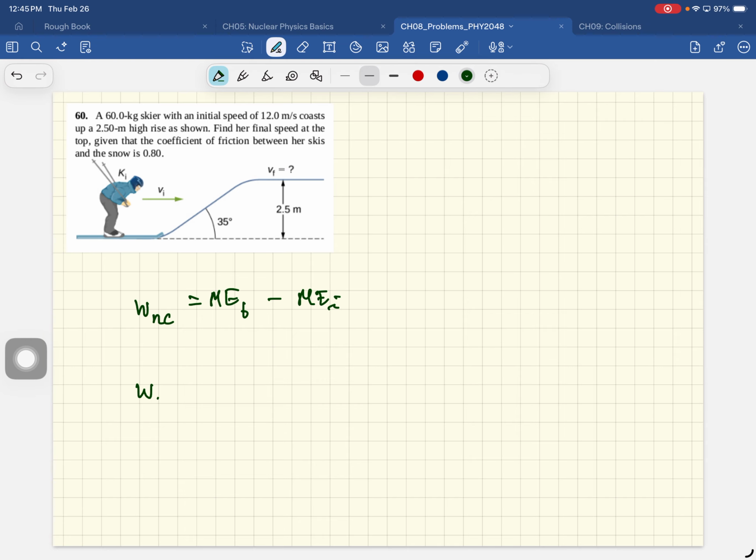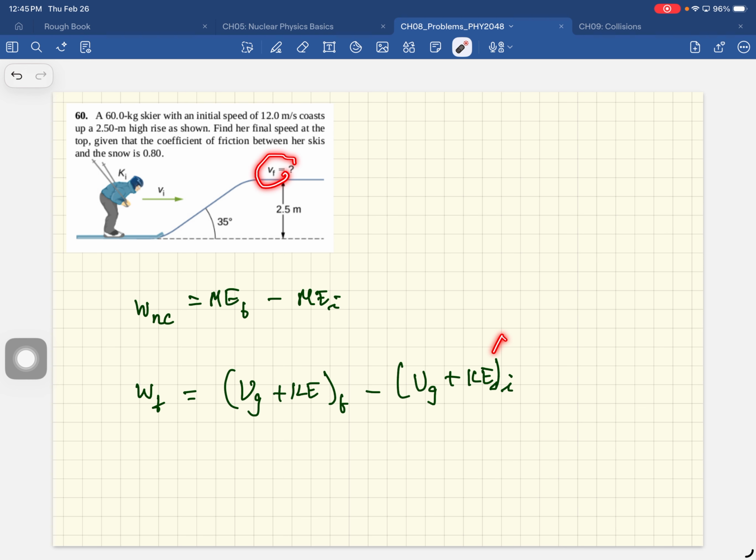Okay, so the work done by friction force is gravitational potential energy plus kinetic energy final minus gravity initial. Okay. What we want to find is the final speed, so we want to find this guy.